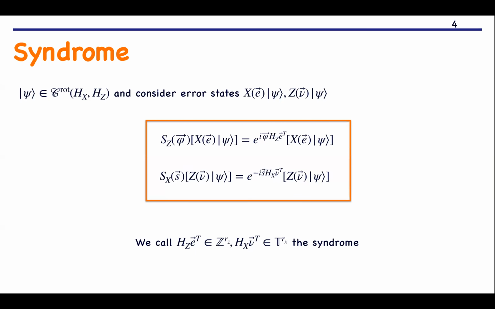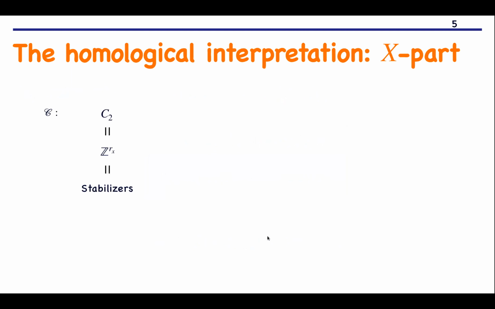And so starting from this eigenvalue, we can define the syndrome. Basically the X syndrome will be given by this, so it will be related to the HZ matrix, while the Z syndrome will be related to the HX. So now we are ready to see the homological interpretation of this code.